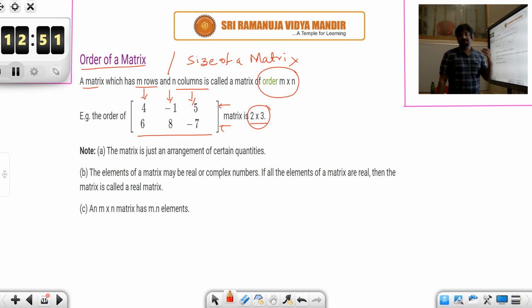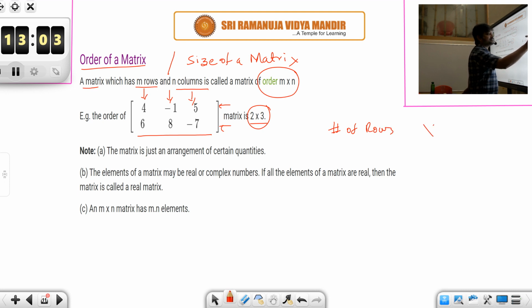So the order of any matrix is nothing but the number of rows, and we'll represent it by the into symbol or cross symbol. We'll call this symbol 'by', followed by the number of columns.